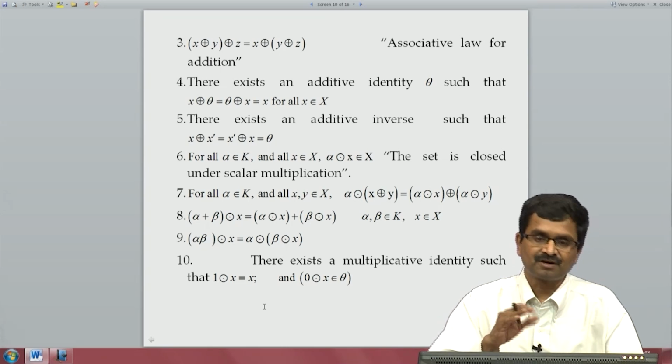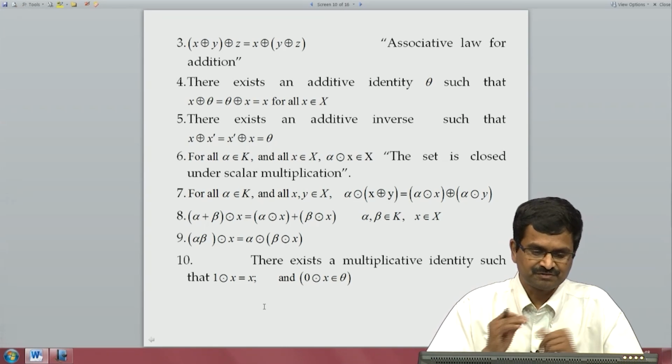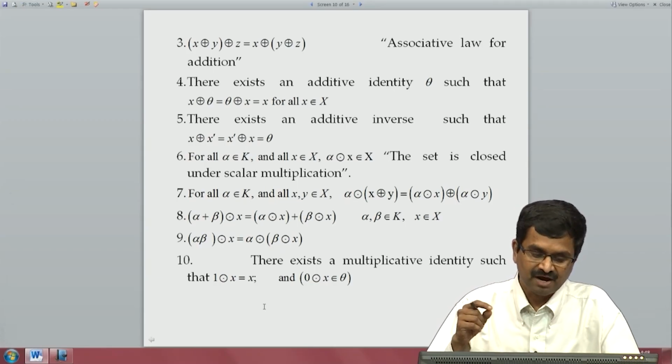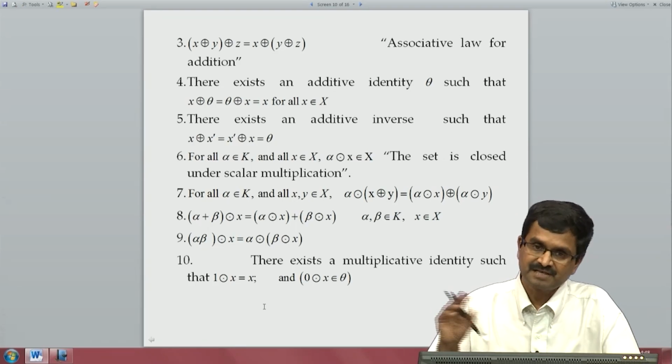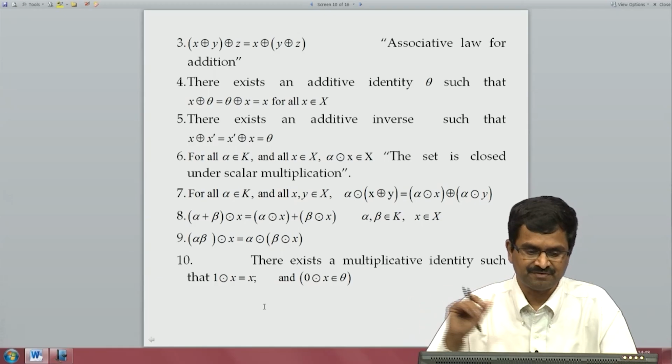Those 5 things talk about vector addition, the first 5 properties. The next ones talk about scalar multiplication. We have a scalar field k, which is for now real numbers, and there are the usual arithmetic operations of addition, subtraction, multiplication, division and so forth.